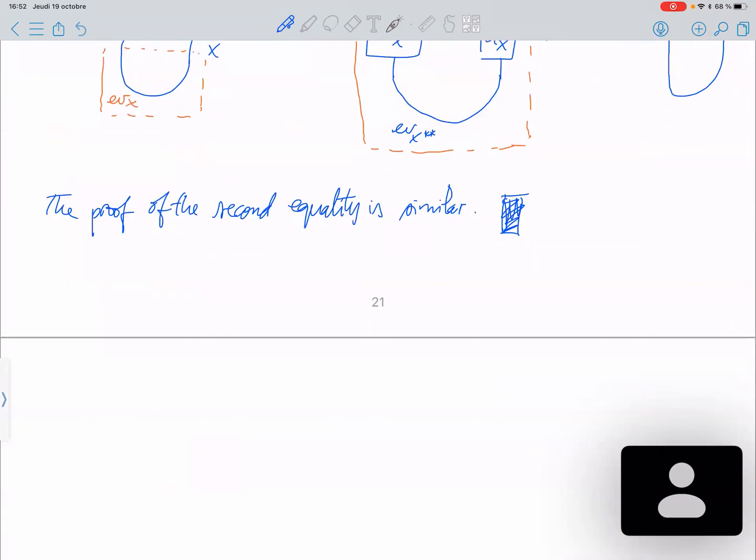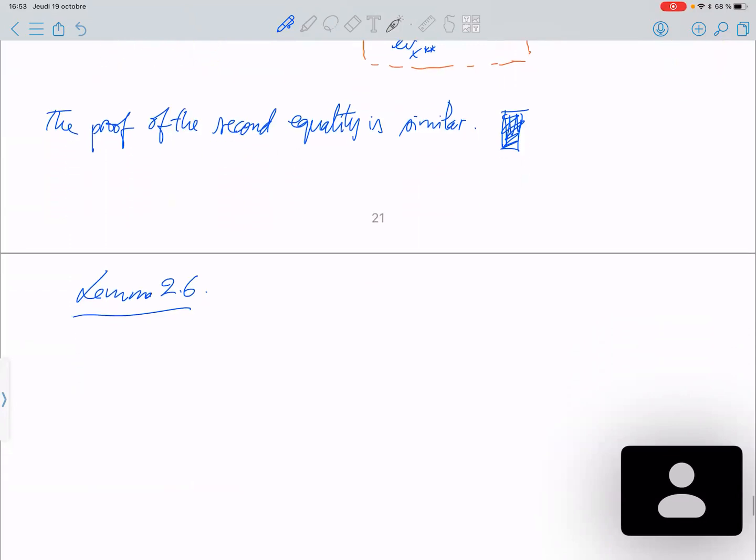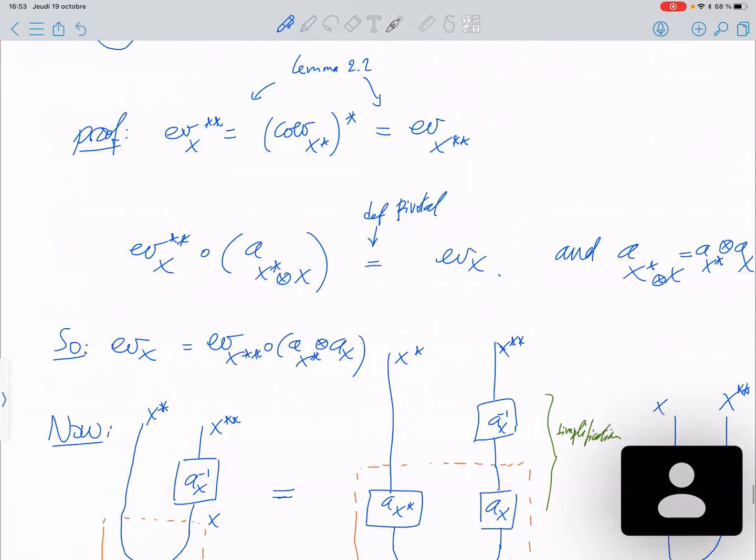So lemma 2.6. Let me check the time. Oh, it's almost time. Let me, for 2 minutes, just write the statement, and we will prove that tomorrow. So the same statement as lemma 2.5.